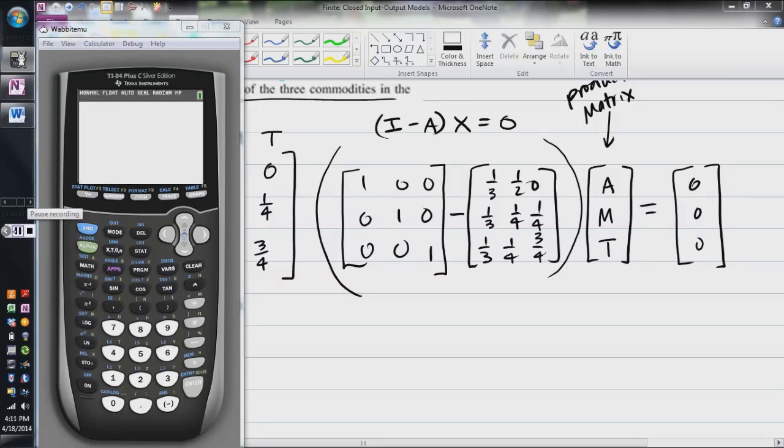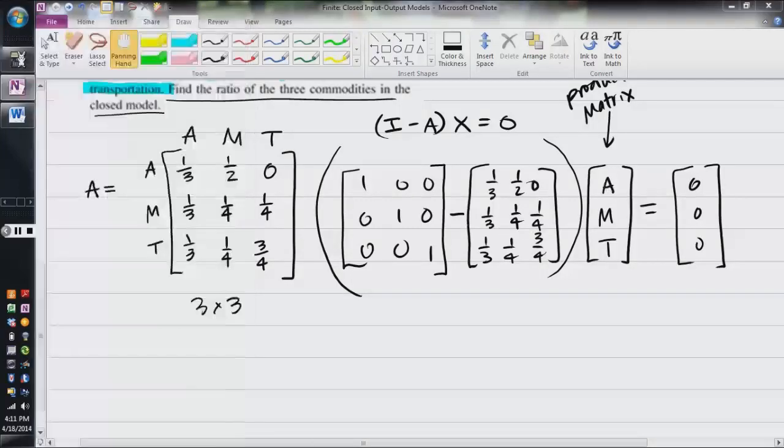Okay, I've taken the liberty of entering into my matrices. I put the identity matrix in matrix I. I put this in for matrix A. And I want to figure out what this piece right here is.